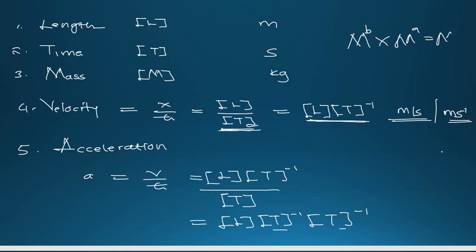So even here, T times T is going to give T squared, but because of the negative there, we're going to have T to the power negative 2. You should take note of this. These are the dimensions we're going to be using.